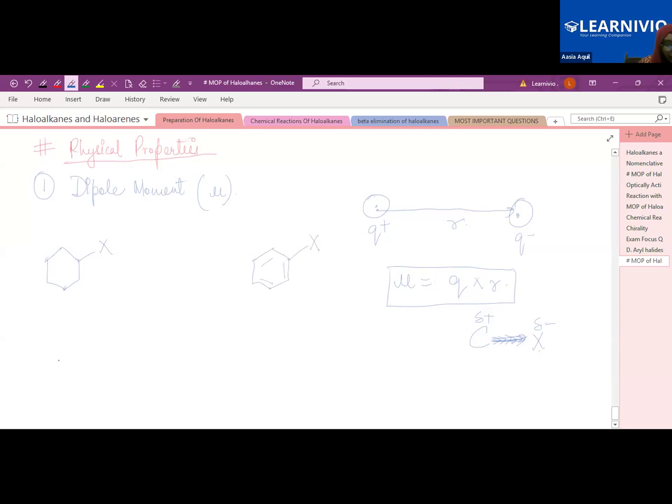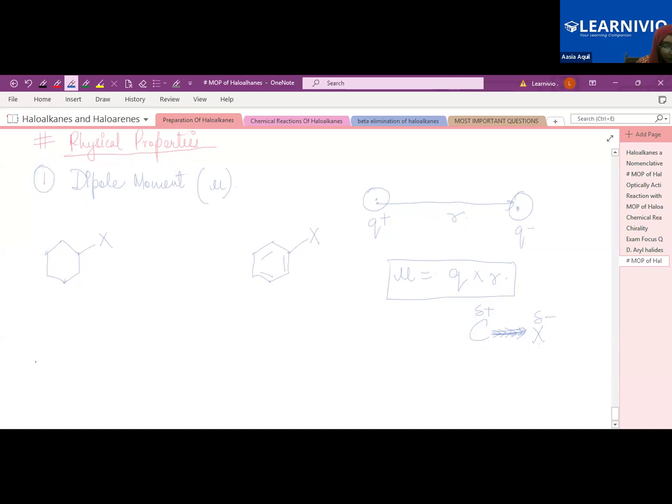Now the question can come: the dipole moment of haloalkanes is greater than that of haloarenes.